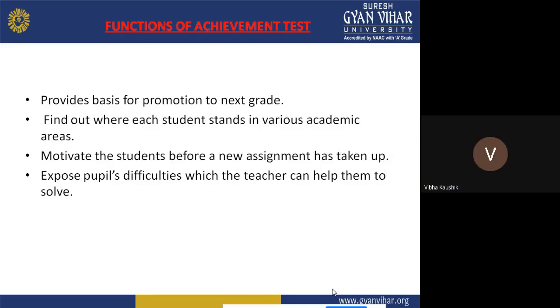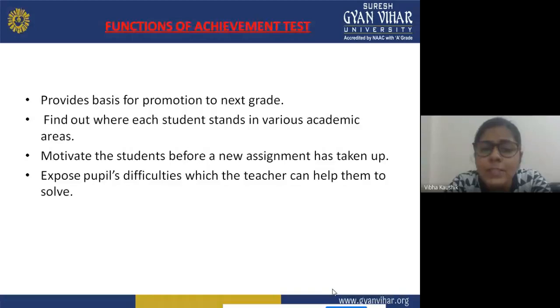For example, when they are in the 8th grade and on the basis of their performance on the 8th grade achievement test, they will be promoted to the next grade, means to the ninth class. Now, find out where each student stands.